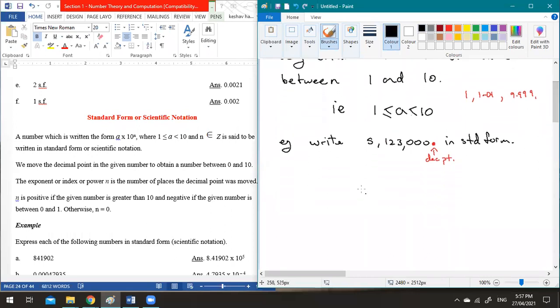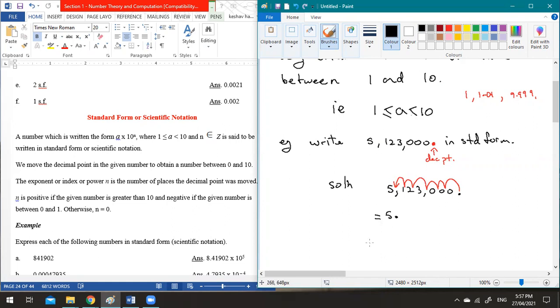And you want to write it as a number between 1 and 10. So we have to start moving the decimal point. If you know the decimal point is here, you're going to move it. If you move it one time, it's still not a number between 1 and 10. 2 times, 3 times, 4 times, 5 times, 6 times, right?